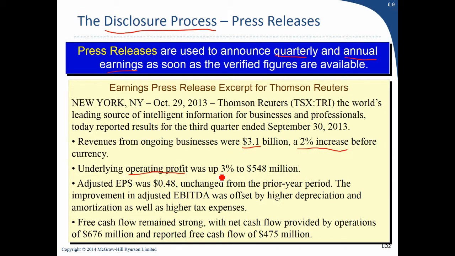Operating profit was up 3% to $548 million. EPS, earnings per share, was 48 cents, unchanged. Free cash flow, net cash flow provided by operations. You've seen that before, of $676 million.